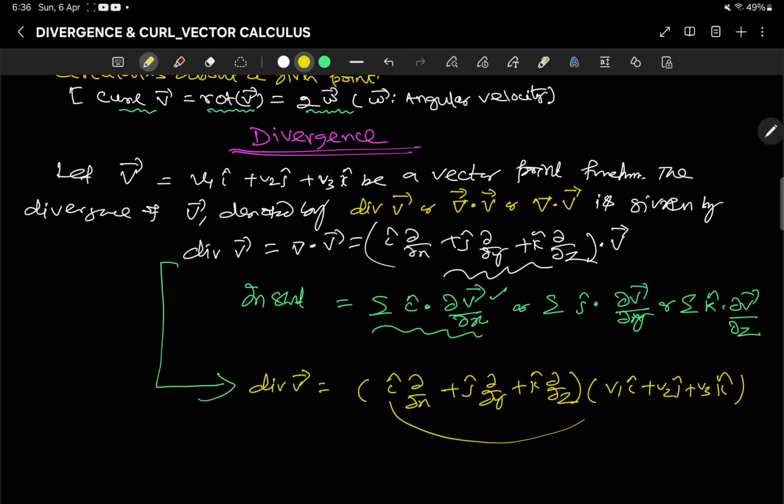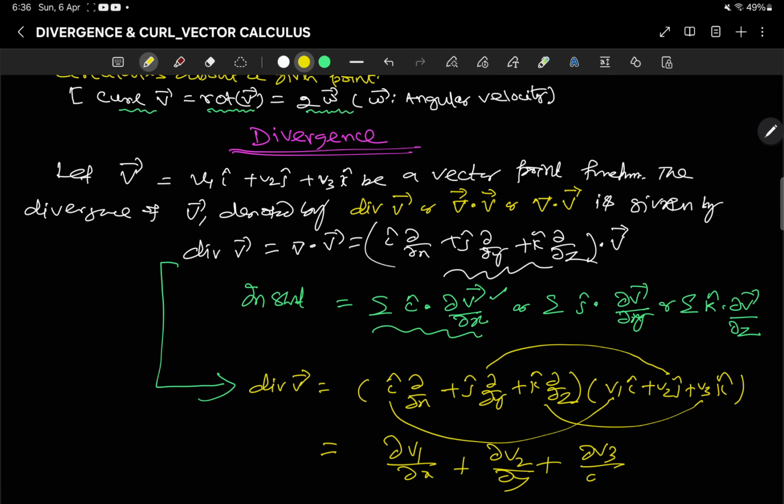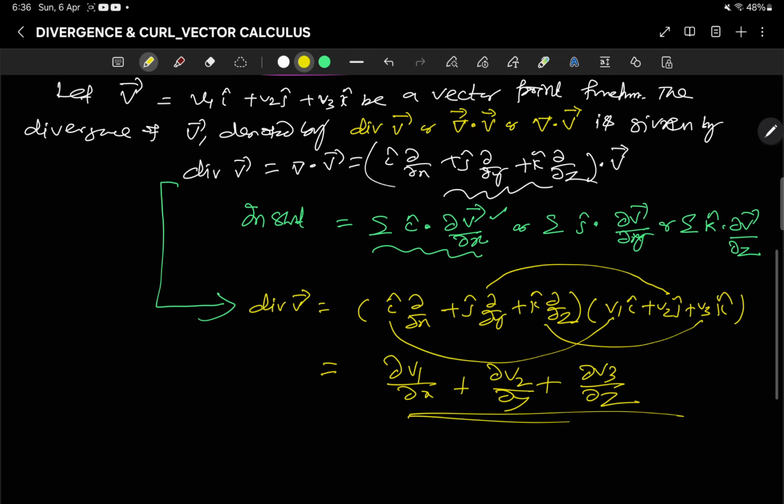You know i dot i is 1, so this will be del V1 by del x. j dot j is 1, so it will be del V2 by del y, plus k dot k is 1, del V3 by del z. And i dot j is 0, i dot k is 0, so the other terms will not exist, and this will be the outcome.